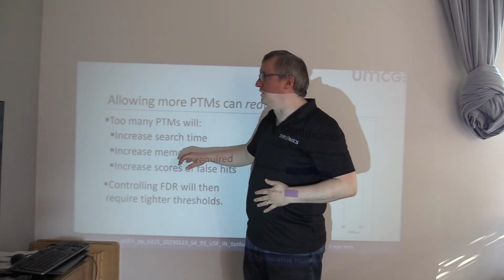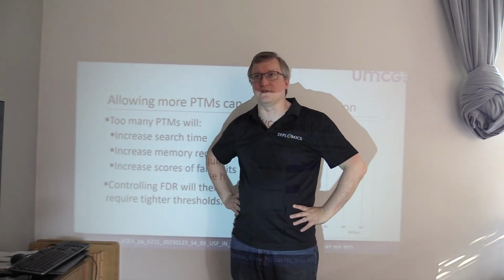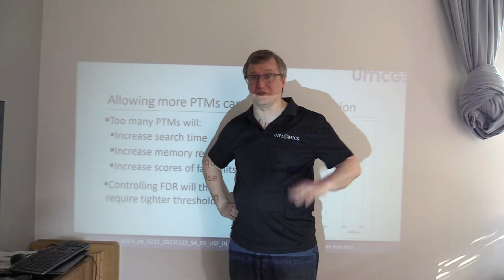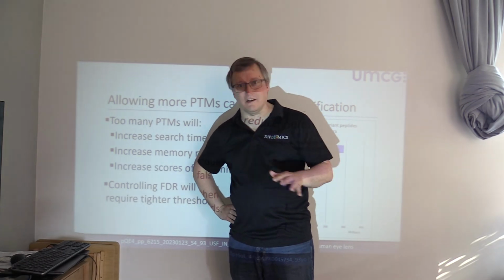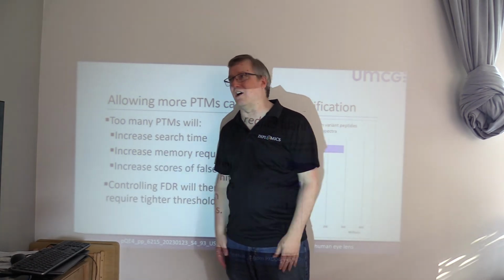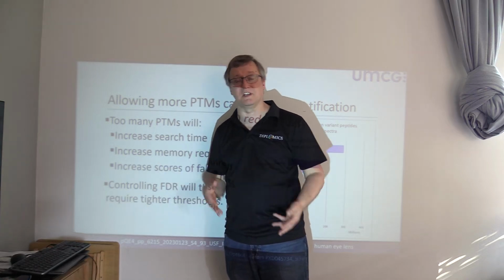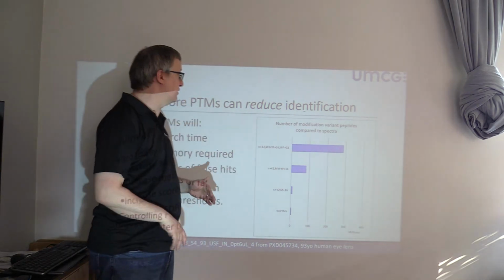So, you might think to yourself, well gosh, I want to search for all the modifications. If I'm going to consider a dozen different modifications, that would already be very, very aggressive for database search. You simply cannot enter all the hundreds of different PTMs that are possible into a single database search and get a meaningful result from it, other than a headache and a dead computer.